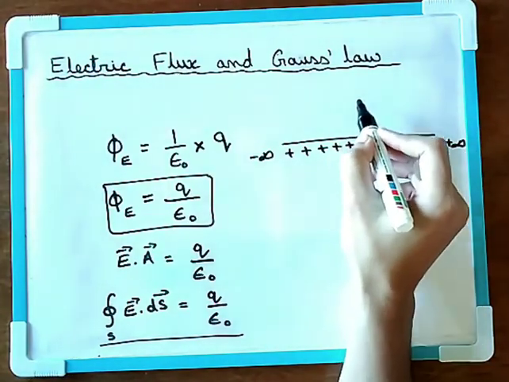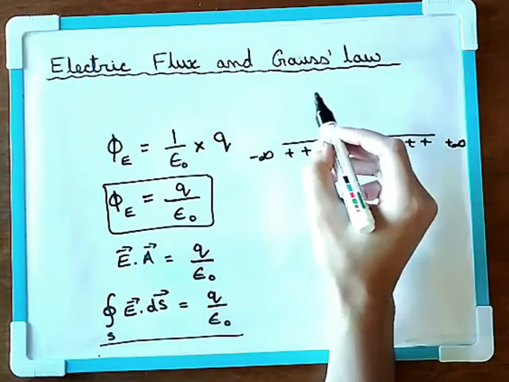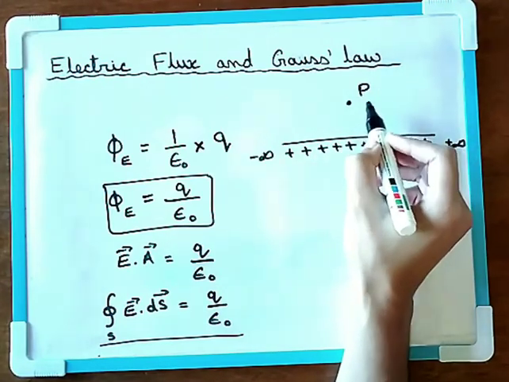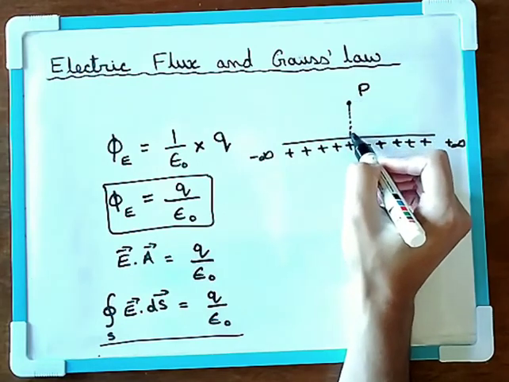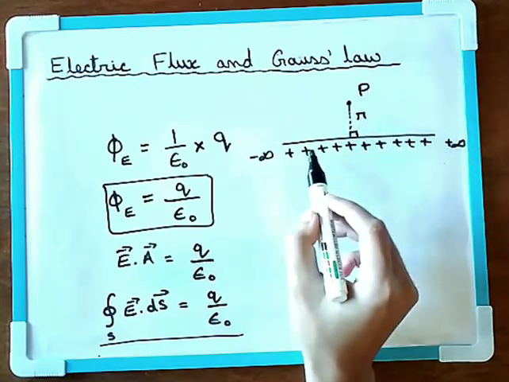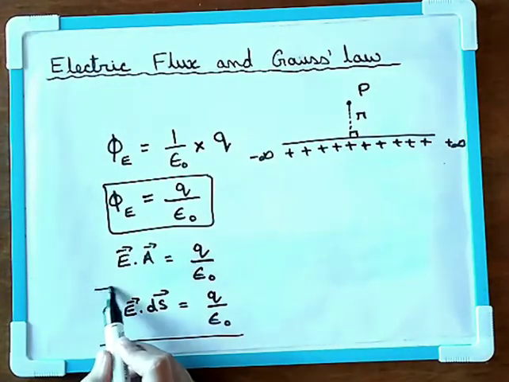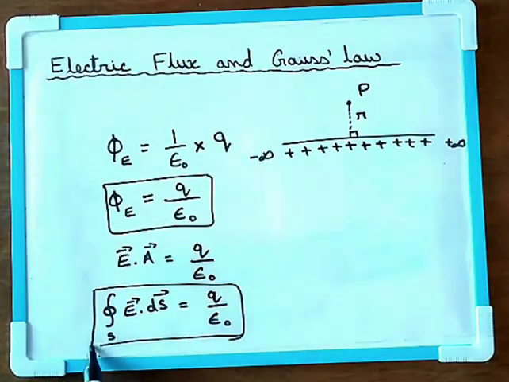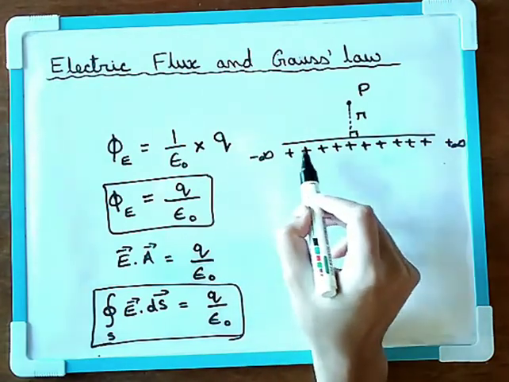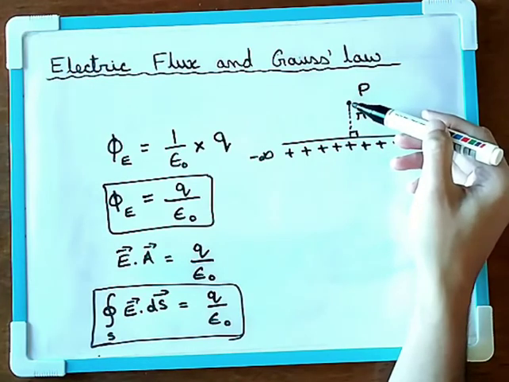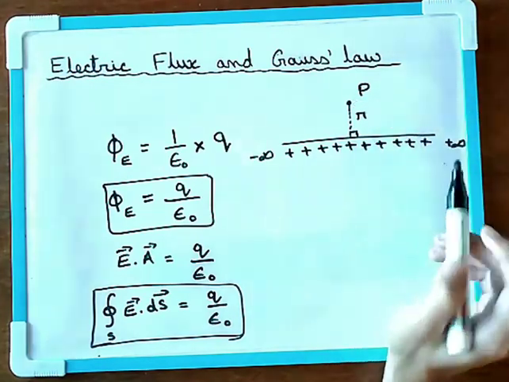We are going to use the concept of electric flux and Gauss law to find the electric field intensity at this point P, which is at a perpendicular distance R from this infinitely charged wire. This is the formula which we are going to use.